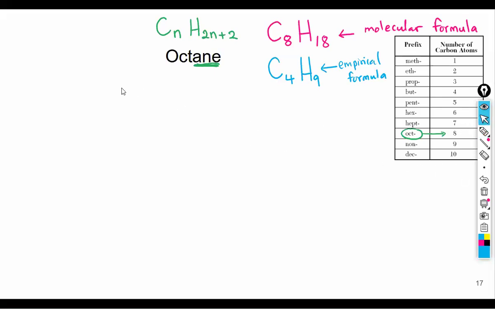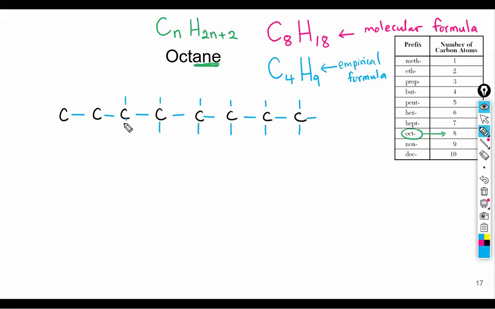The full structural formula, you have to draw 8 carbons. 1, 2, 3, 4, 5, 6, 7, 8. Okay? And out of each one of these, if you have a whole set of colors, it's actually pretty relaxing to draw.